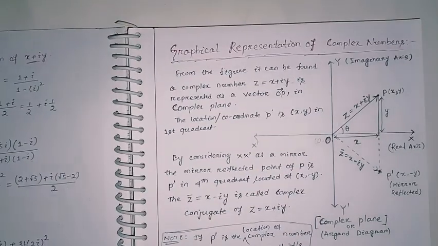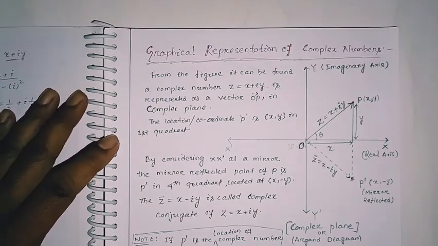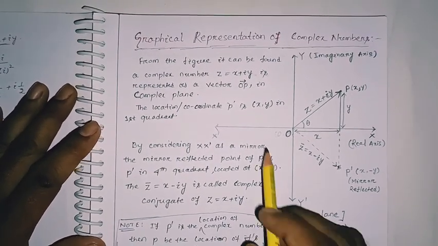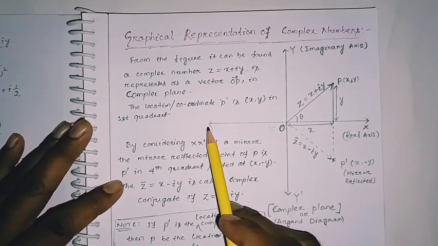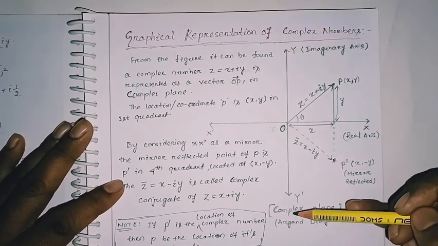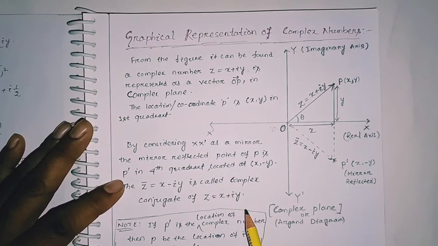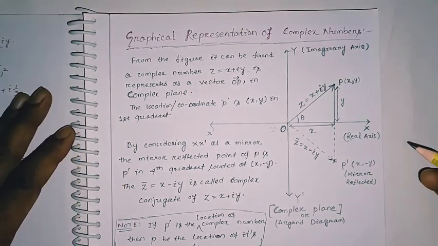Next we are going to go for graphical representation of complex numbers. First you just watch this figure which I have drawn, and you draw it in your note. So this is your x dash line, and this is your y dash line. Both are perpendicular to each other, and this axis is called the real axis, and this axis is called the imaginary axis, y dash.